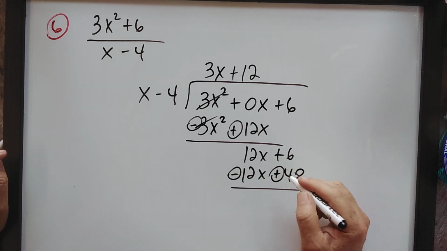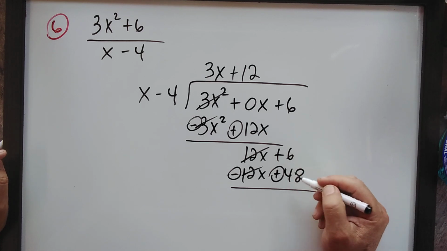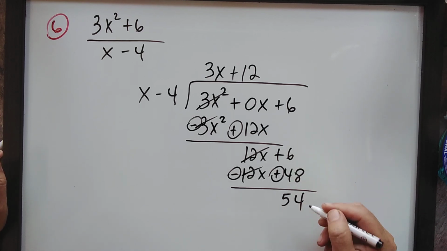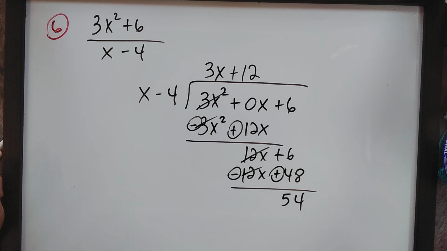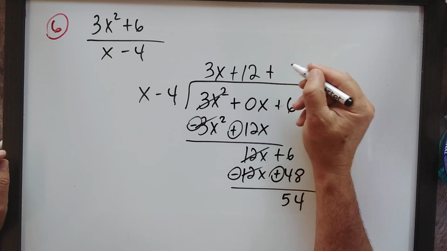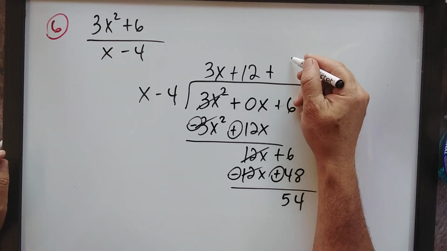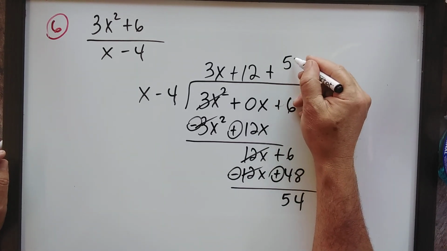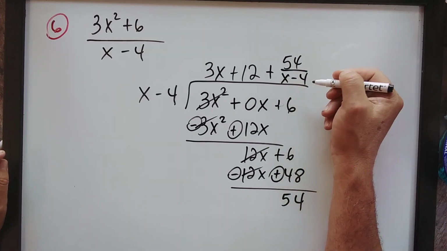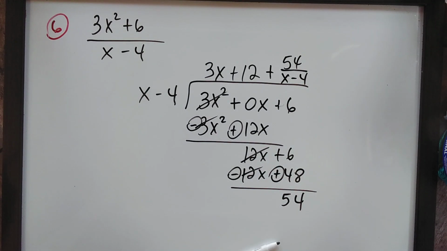Negative, positive, cancels out. 6 plus 48 is 54. Don't worry if you get a high number like that for the remainder. That is normal. That could happen, so don't worry about it. Just put plus 54 over the divisor x minus 4. So this right here will be my answer.